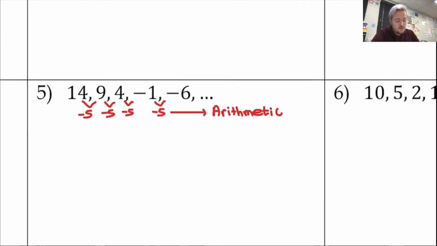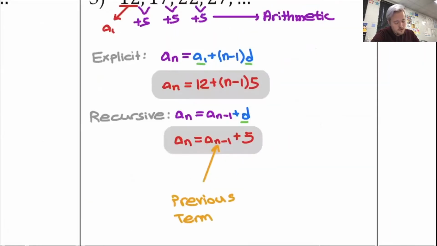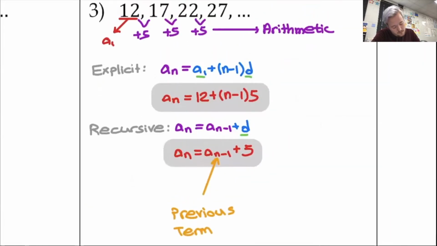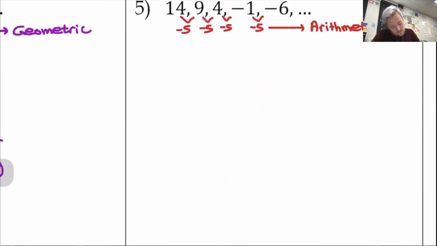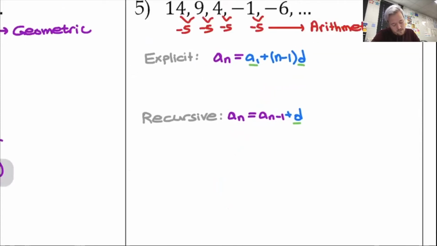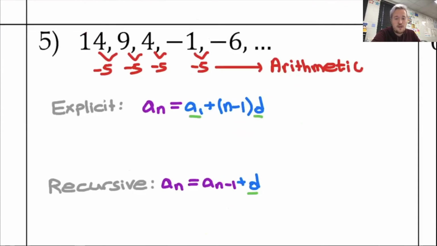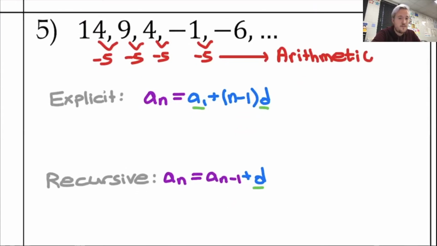All right, so I'm going to go up here to number 3, and I'm going to steal all the formulas and stuff up here so I don't have to rewrite it. So once again, we're just kind of plugging in the first term and the common difference. So over here, we know the first term is 14.